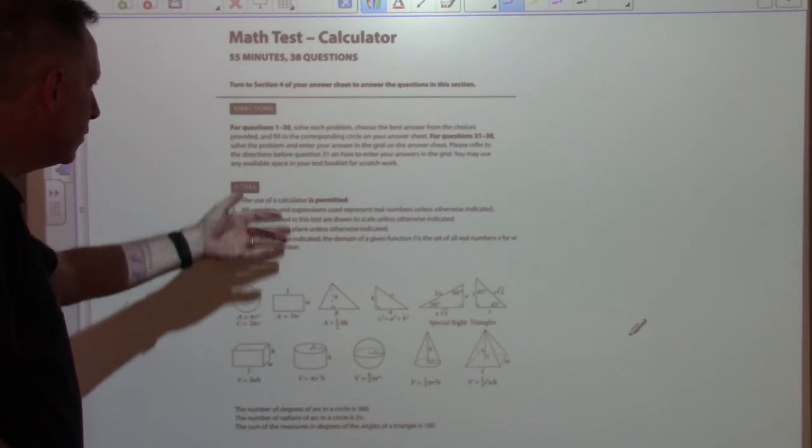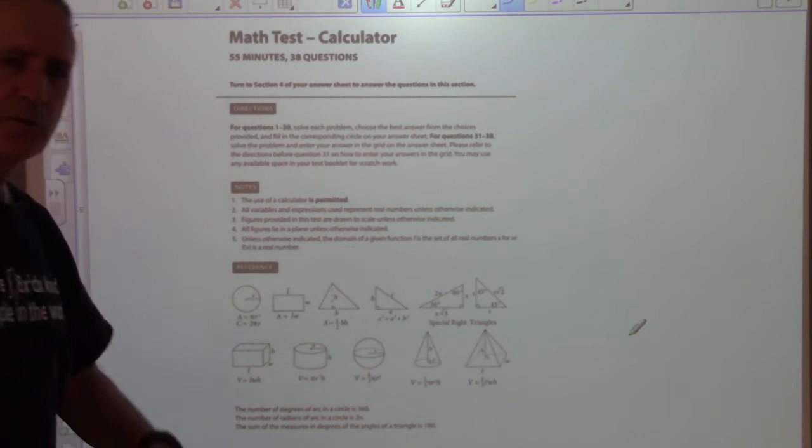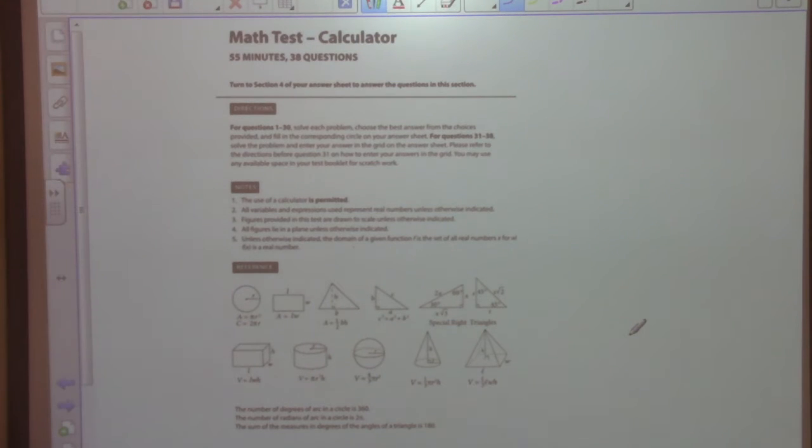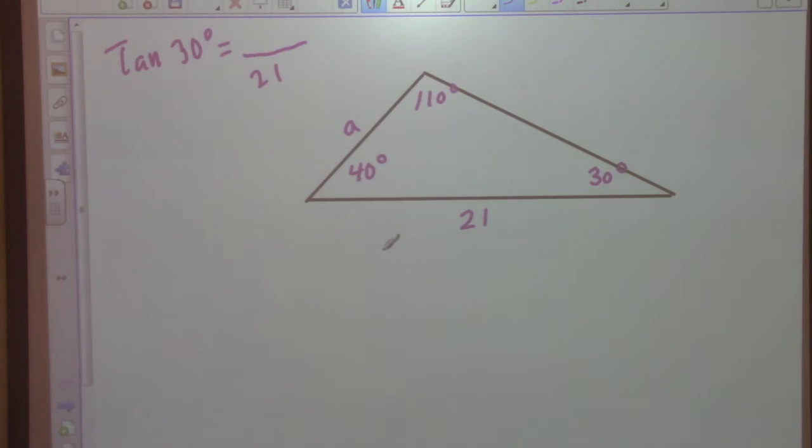They don't give law of sines here. I didn't know law of sines was on the SAT. I know law of sines and law of cosines are on the ACT sometimes. There was one like that, working out what that triangle was. I remember I didn't know how to do it, so I set it up as a proportion, and it wasn't the right answer, but I didn't know what to do.